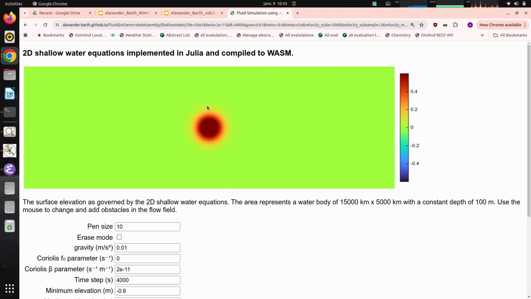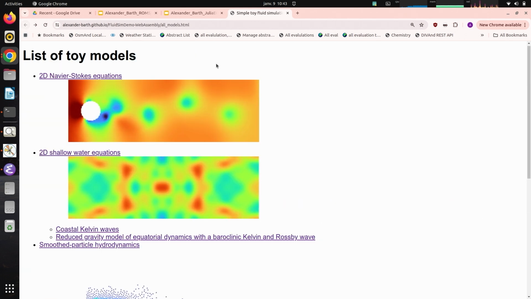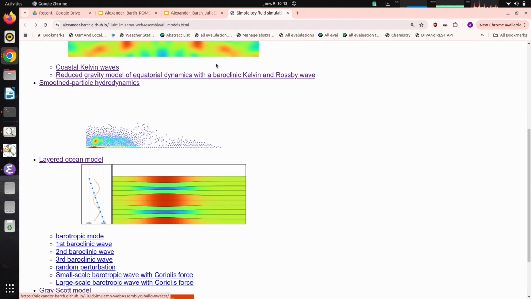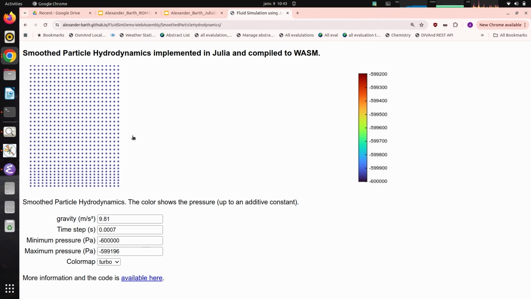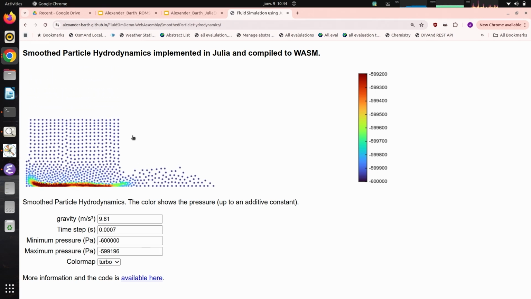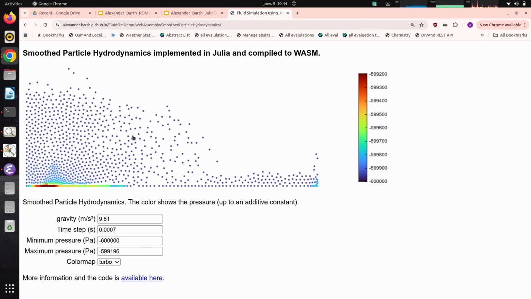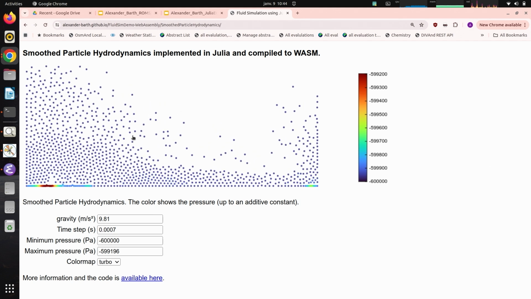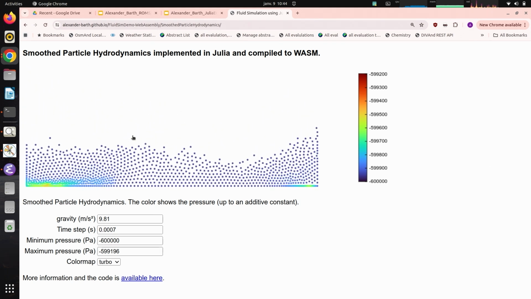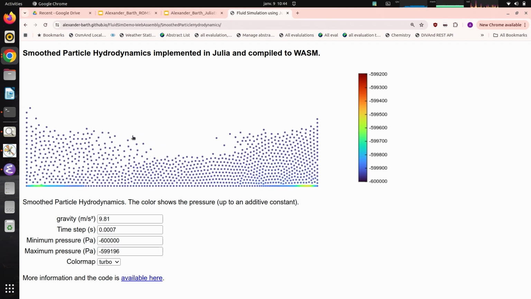Yeah, and there are other models here that I just implemented. So this is a smoothed particle hydrodynamics model, and it's also implemented in pure Julia.